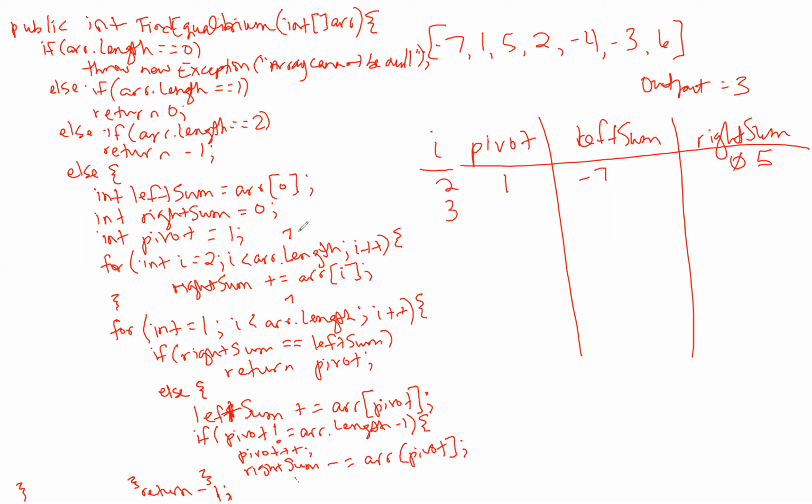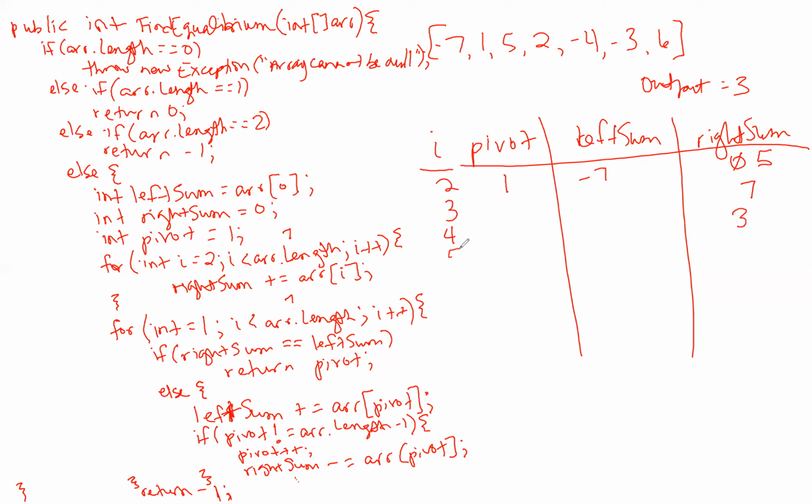So we go right sum plus equals array at 3, so plus 2. So this becomes 7. Okay, i++, i is 4. 4 is less than 7. So we take right sum and add the element at 4, which is -4. So this goes to 3.